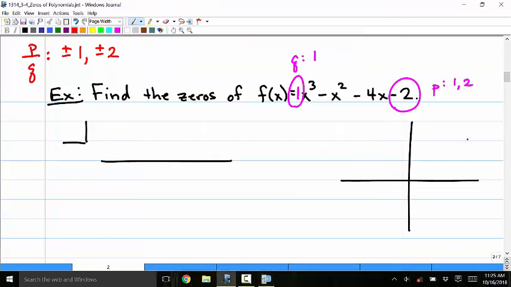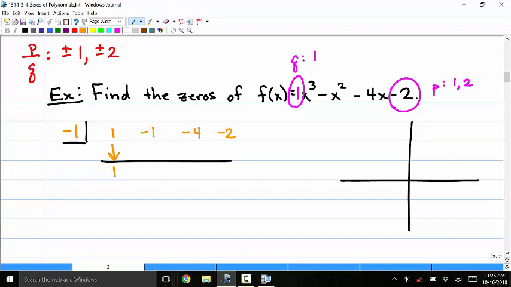So I'm going to go back over and do synthetic division. I'm going to put -1 in. What are my coefficients? 1, -1, -4, and -2. Go do your synthetic division.